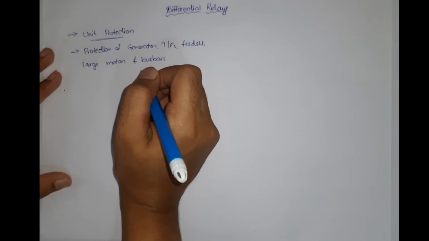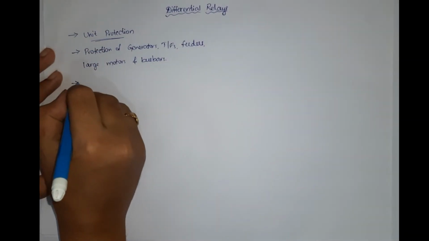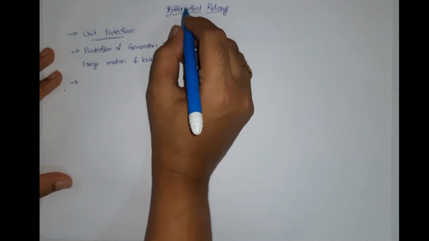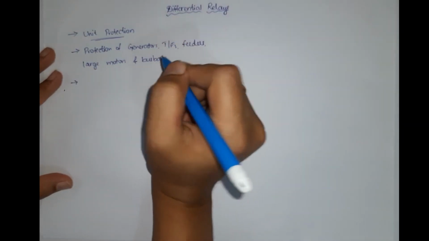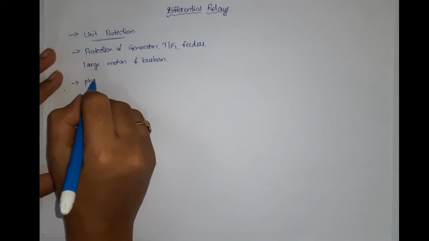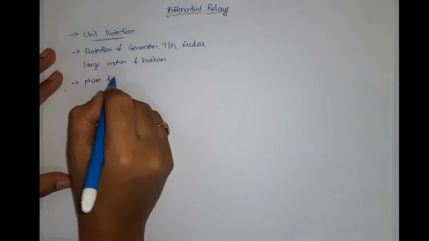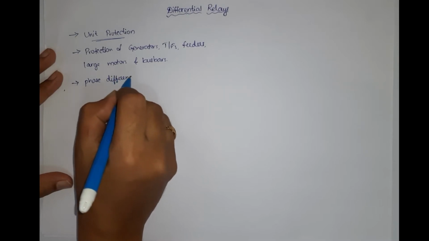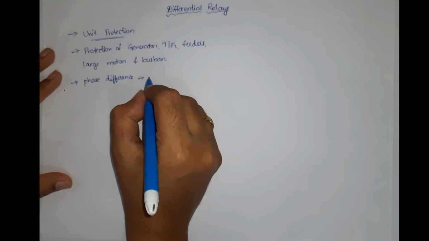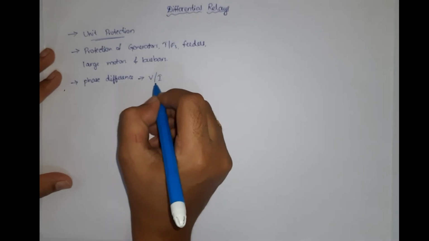And also, on what principle does it work? As the name indicates, it works on the principle of some difference. What is the difference? It operates based on phase difference. Phase difference of what? Phase difference of either voltage or current.